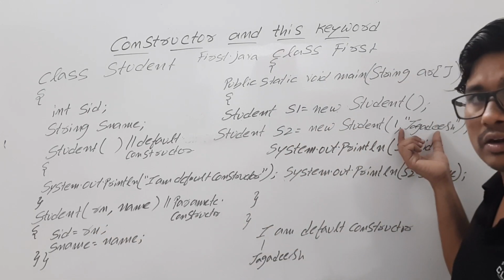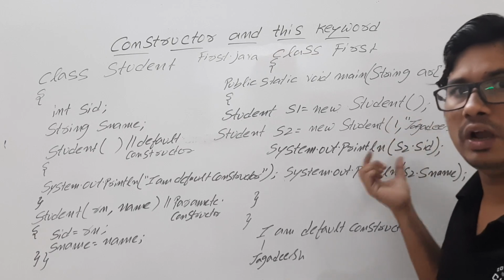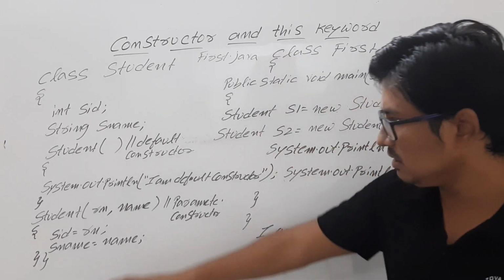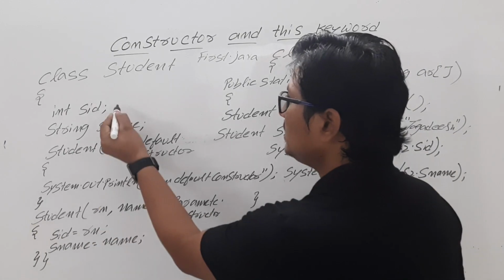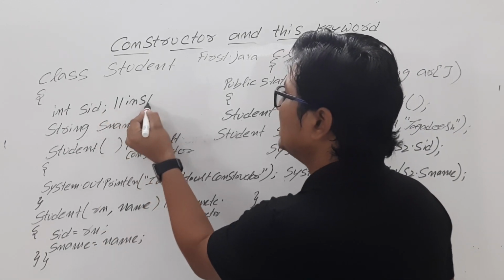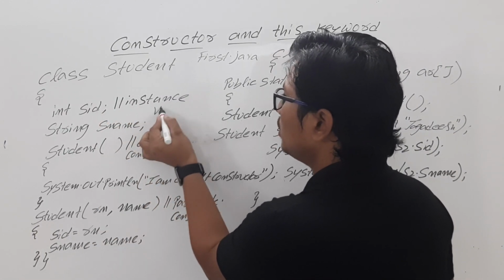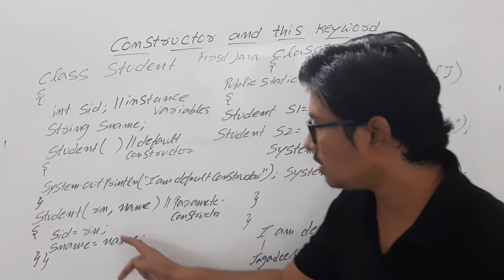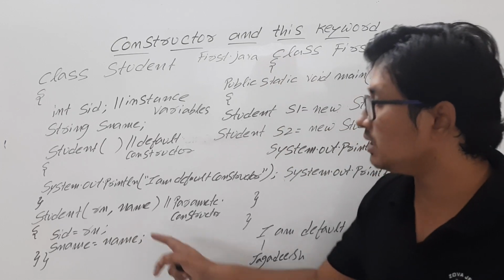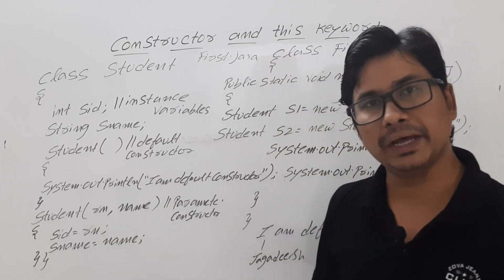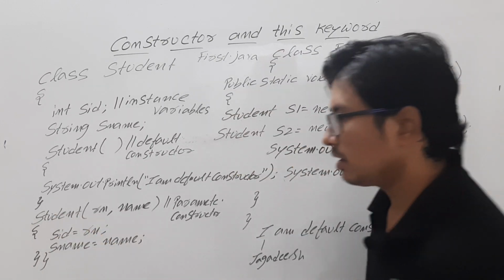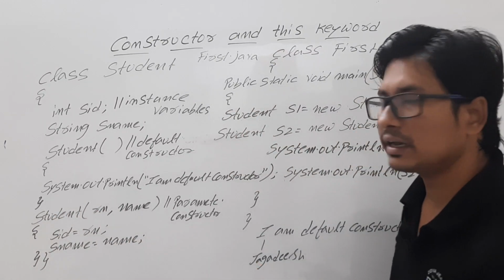This is the call. So when you are calling, the parameters you are passing are actual parameters. In this case, sid and sname are instance variables. Okay, and rn and name are the formal parameters or local parameters. Am I right or wrong? Because rn and name can be used only within this constructor.